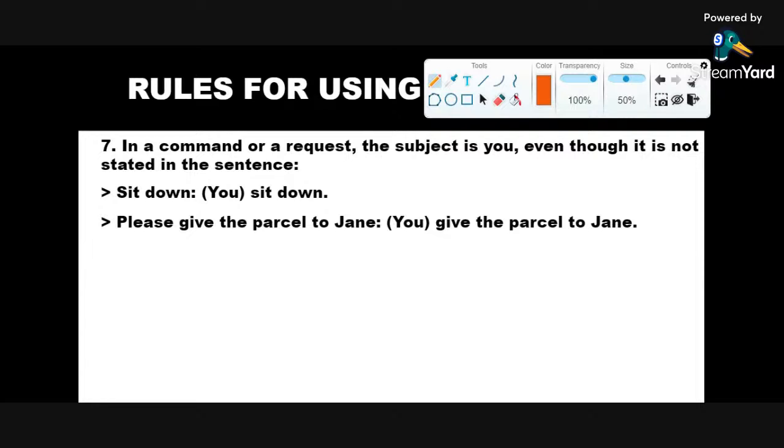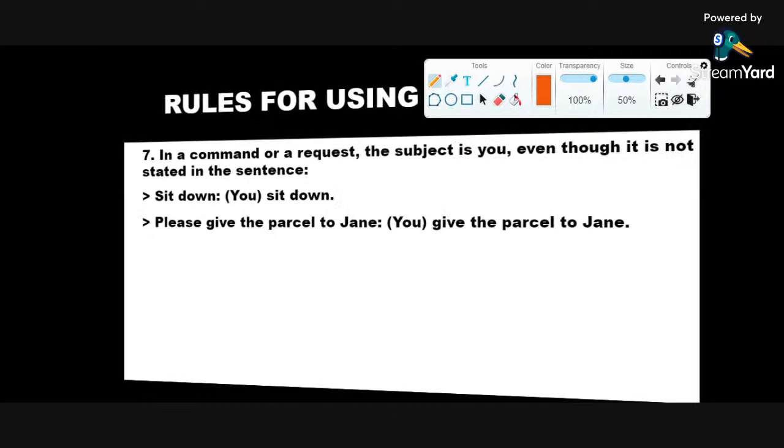So when you say sit down, you are addressing it as if you are saying you sit down. Normally, when you give a command or make a request, you is not explicitly stated, so it is implied. Another example is, please give the parcel to Jane. And the meaning is, you give the parcel to Jane.